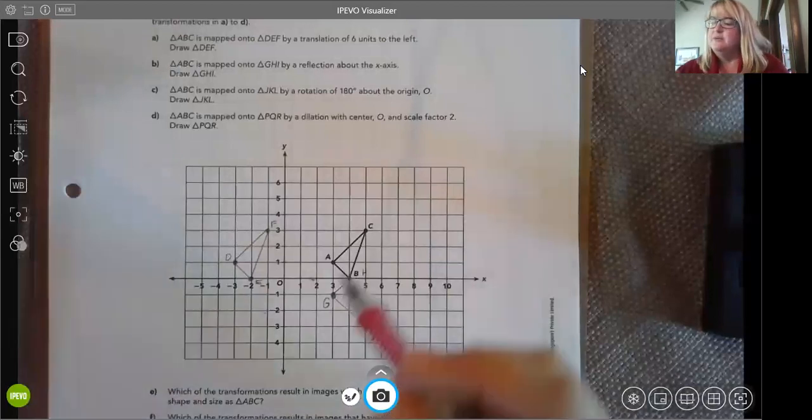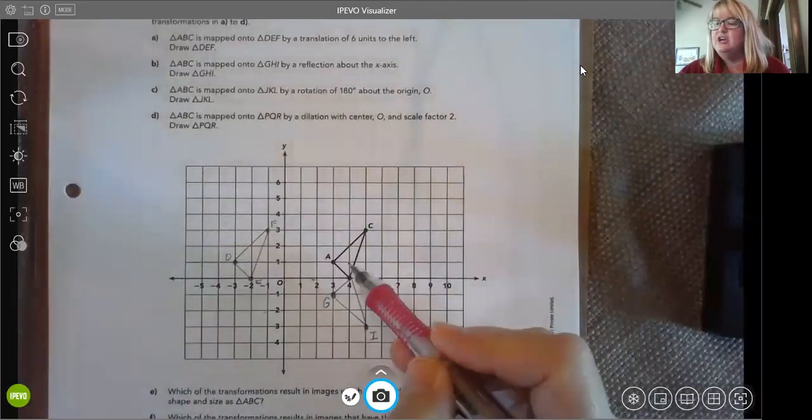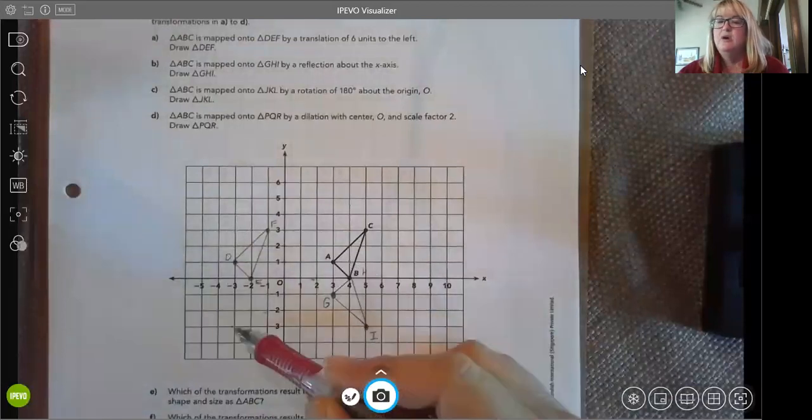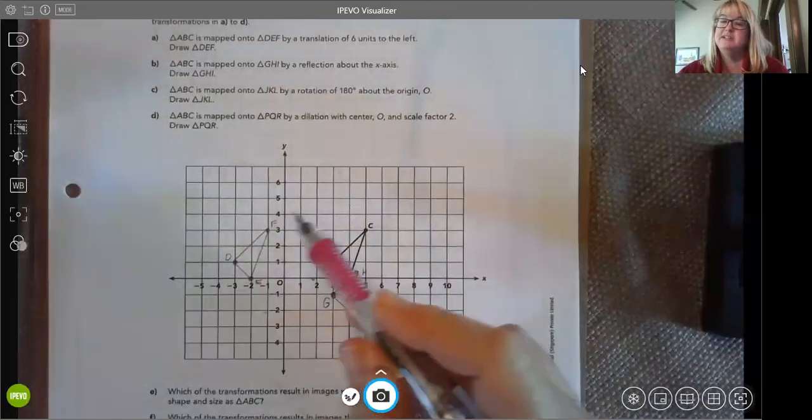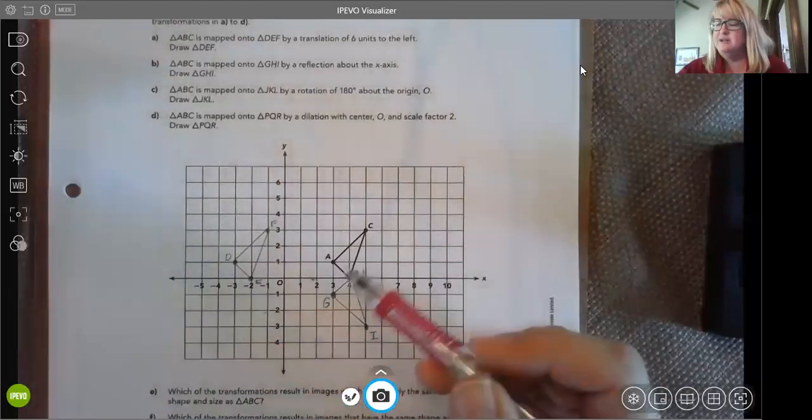All right, so this is our original. We're going to go 180 degrees about the origin. And it doesn't matter if you go clockwise or counterclockwise, because you'll end up in the same place.